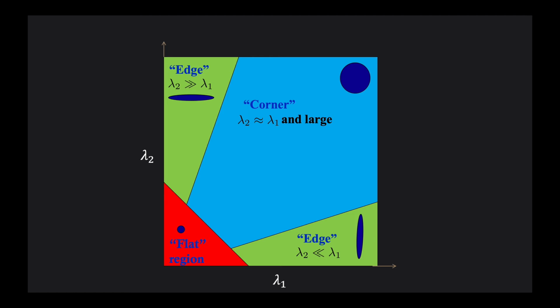And if one eigenvalue is significantly bigger than the other, it means that we are in an edge area. So in terms of tracking, it means that we can only determine the motion along one direction, which is perpendicular to the edge direction. For the direction along the edge, we cannot decide the motion.